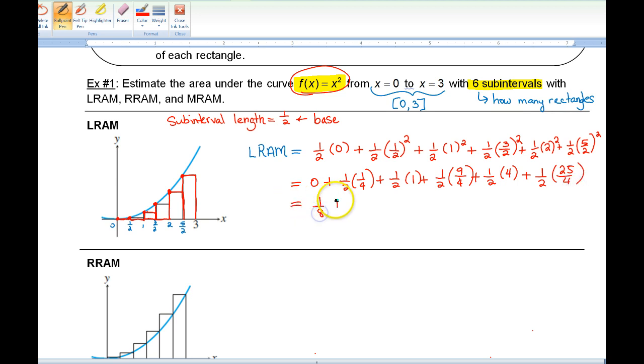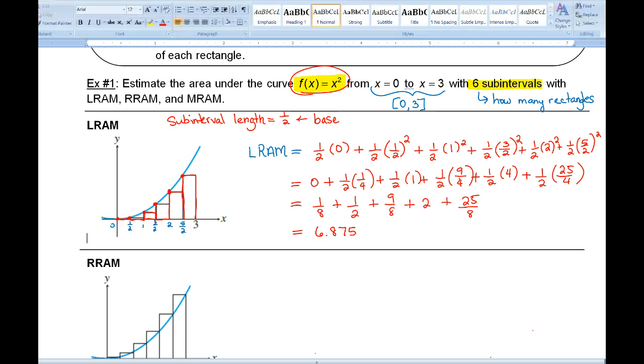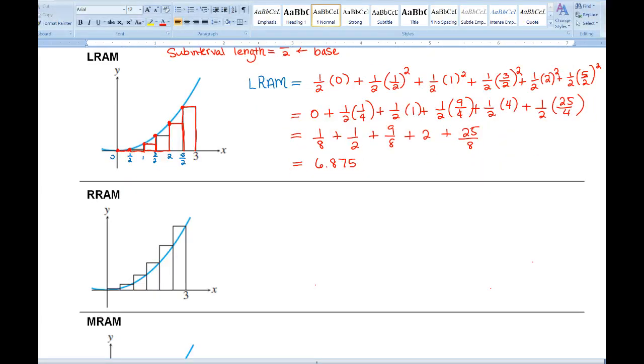So we have 1/8 plus 1/2 plus 9/8 plus 2 plus 25/8. Okay, so you should get 6.875.